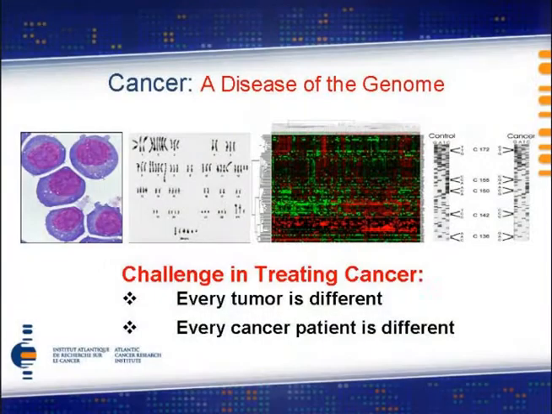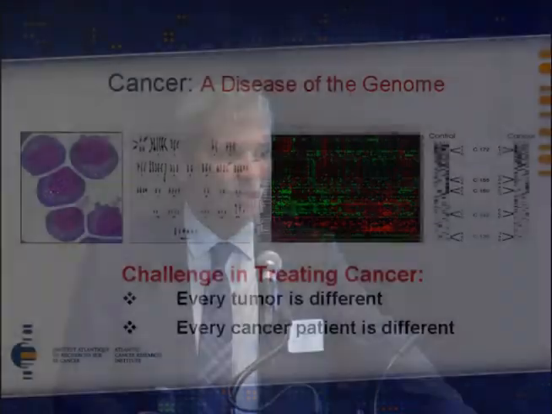So I'd like to talk a little bit about genomics as they apply to cancer. When we think about human diseases, it's probably the one that we associate as a disease of the genome. We've known ever since we started looking at cancer that there's a vast variety.